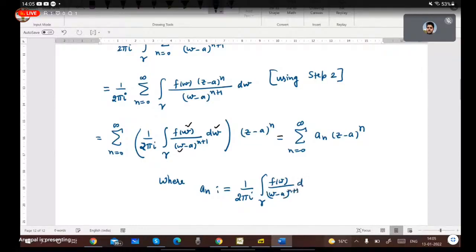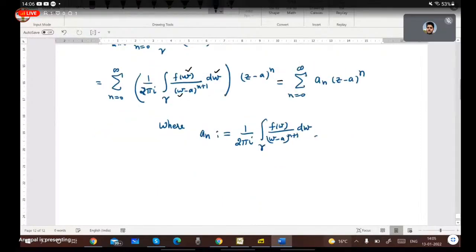And you see, class, the notable point is that these a_n's are coming out to be independent of z, because you will be choosing z. Any one of you can take any z inside that. If it depended on z, then certainly you would be getting different coefficients in this series. But interestingly, it is coming out to be independent of z, and it must be.